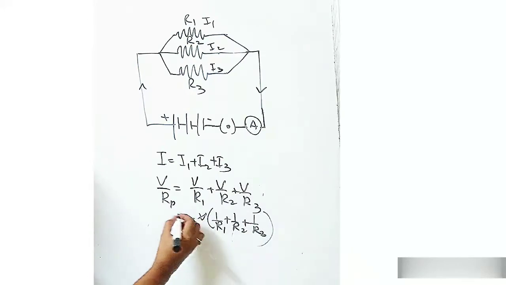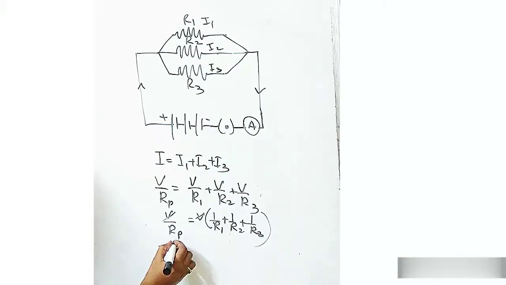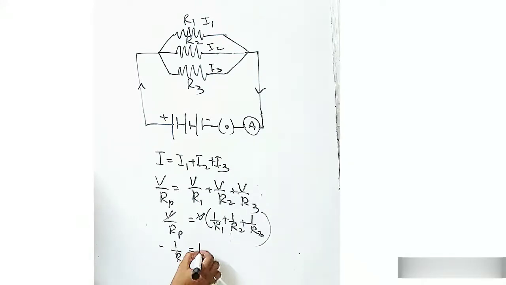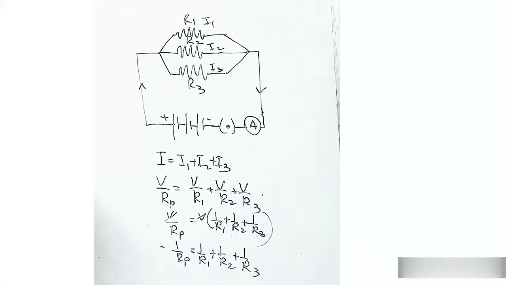Okay, so V will be cancelled. At the end we will come to know 1 upon Rp is equal to 1 upon R1 plus 1 upon R2 plus 1 upon R3. This is for the parallel combination, student. You have to understand in which connection what is same, what is different.